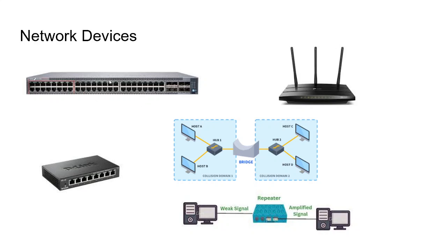If it doesn't know the MAC address, it'll put the MAC address from the frame into a routing table, and this will allow the switch to send signals from one computer to another faster if it remembers that MAC address.